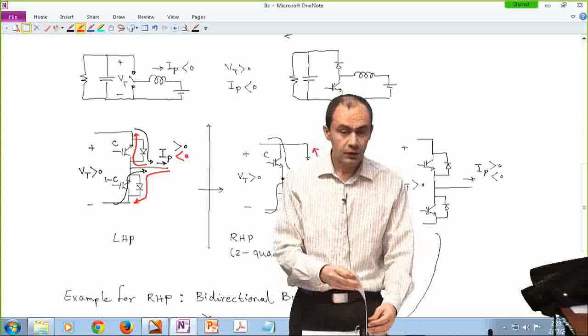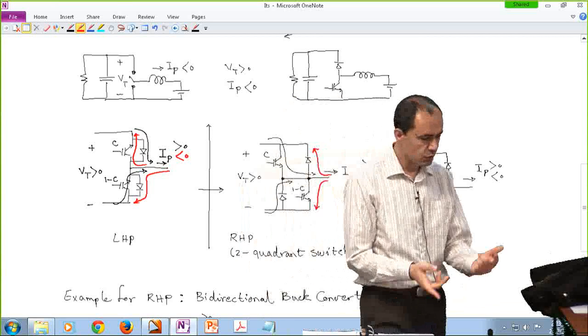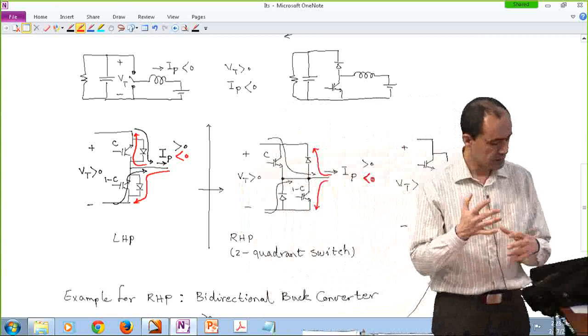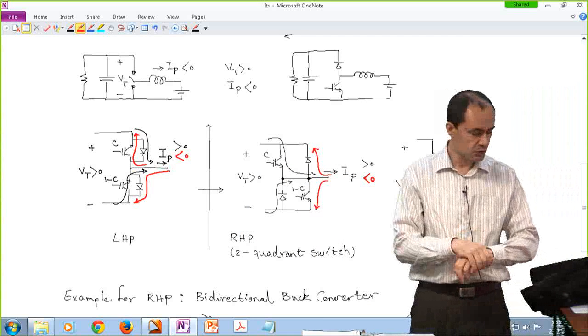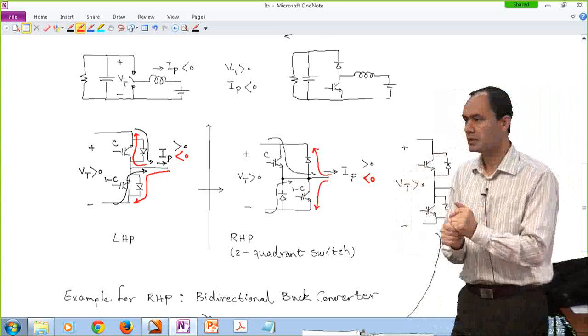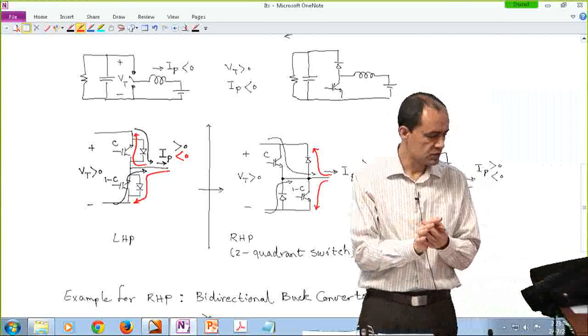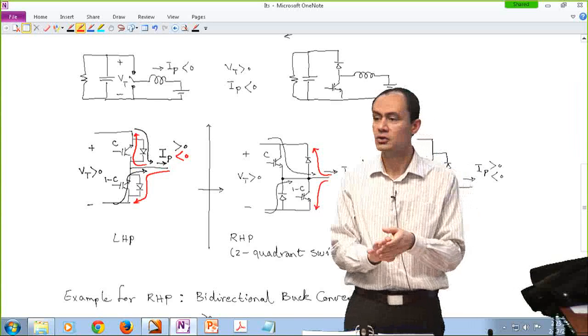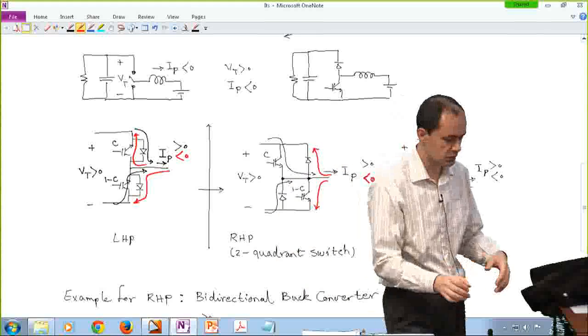Any questions so far? Okay. Now, what we did was we combined the first quadrant and the fourth quadrant switch to get a right half plane switch. And then we combine the second and third quadrants to get a left half plane switch. But sometimes the current is unidirectional, but the voltage is bidirectional, for instance, in a rectifier application.